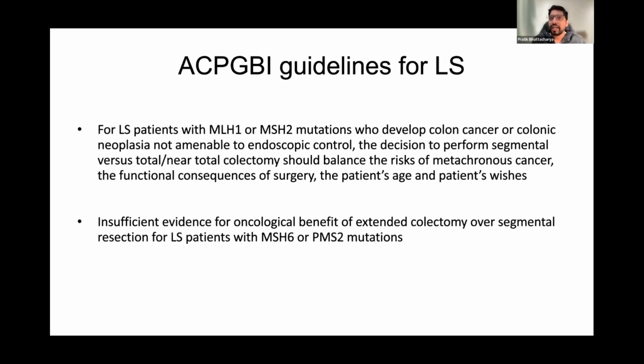So looking at the UK context for Lynch syndrome, with regards to surgery, for Lynch syndrome patients with MLH1 or MSH2 mutations who develop colon cancer or colonic neoplasia not amenable to endoscopic control, the decision to perform segmental versus total or near total colectomy should balance the risks of metachronous cancer, the functional consequences of the surgery, the patient's age, and the patient's wishes.